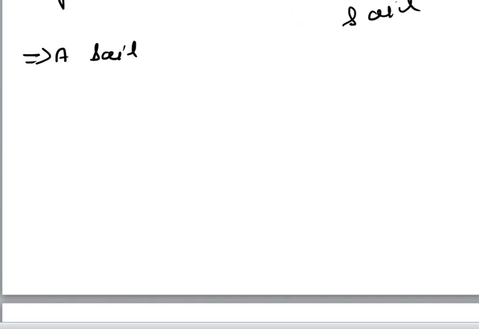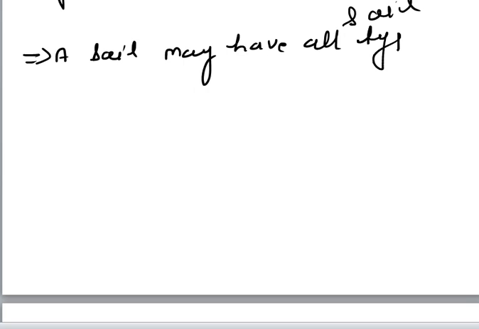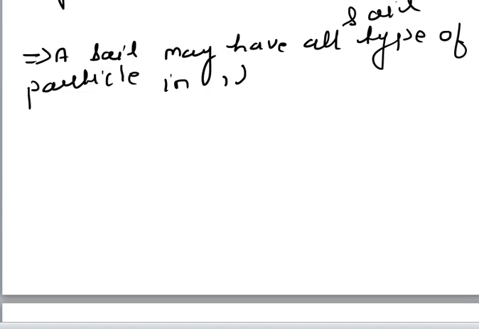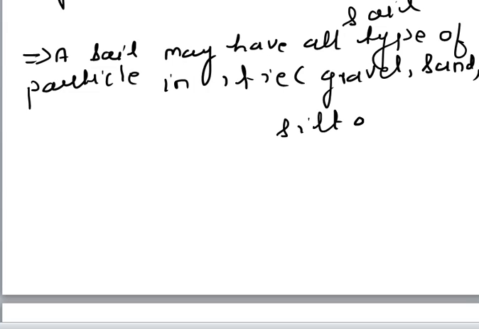It may have all types of particles: gravel, sand, silt or clay, or an aggregate of all those.